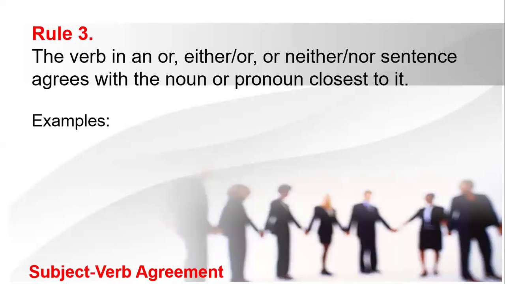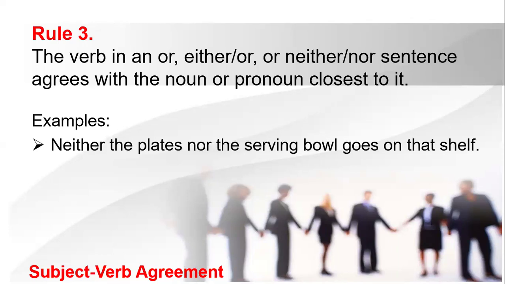Let's see examples. Neither the plates nor the serving bowl goes on that shelf. Now see, neither the plates nor the serving bowl. If you focus here, which thing is close to the verb?